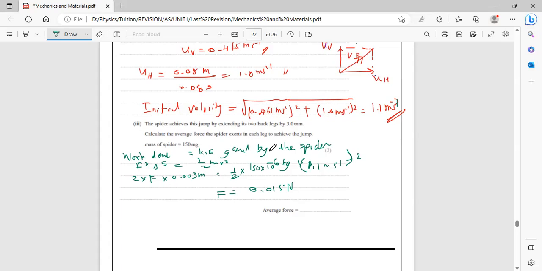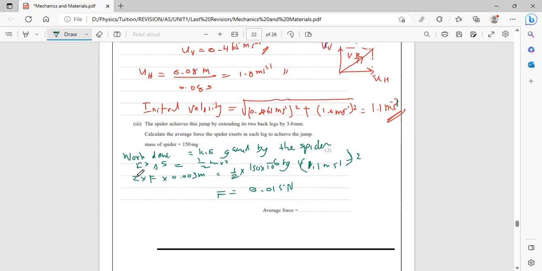Right? So the work done by the spider using its legs is equal to the kinetic energy gained by the spider. Since the forces are exerted by both legs, the work done can be found by multiplying the work done by one leg by 2. The work done by one leg is the force exerted by a leg times the distance.